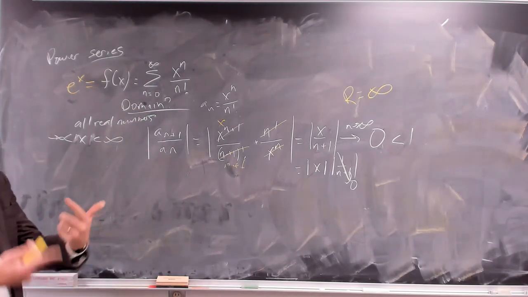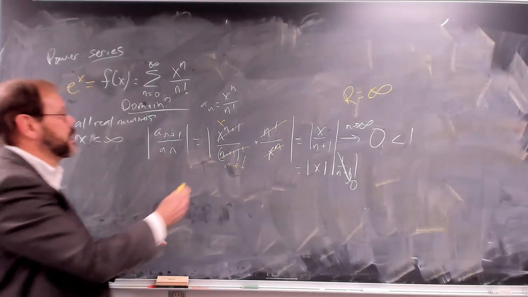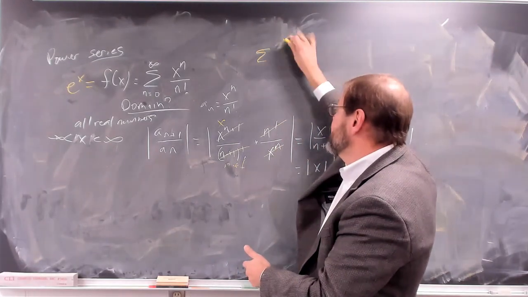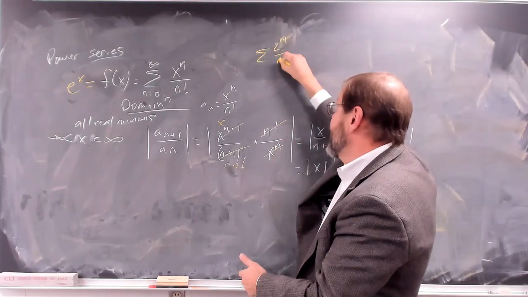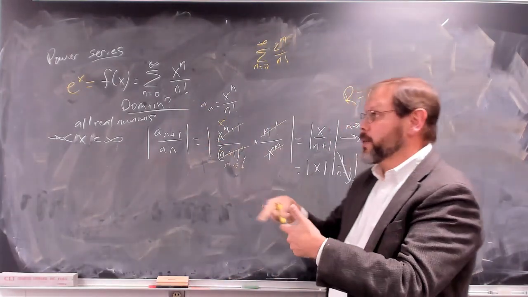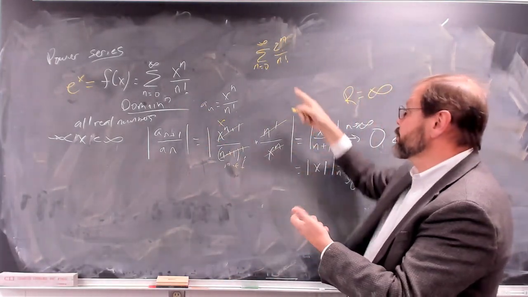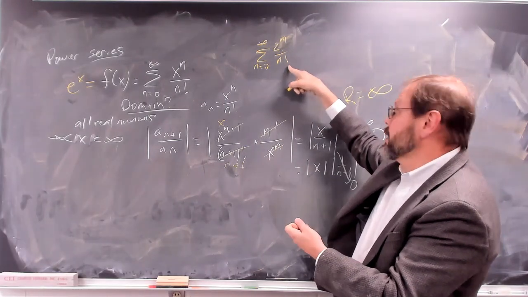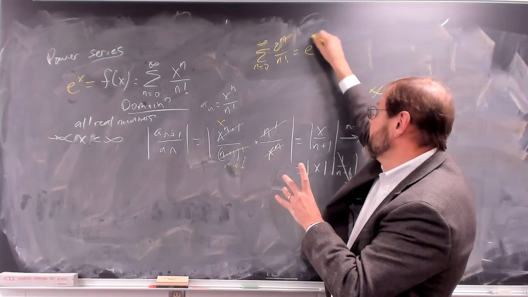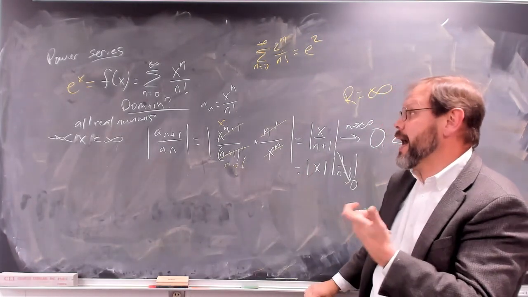So when I made a claim on Monday that, in this case, the sum of 2 to the n over n factorial, I think this was the first example we did with a ratio test, I claimed that that's going to sum to e squared. How do I know that?